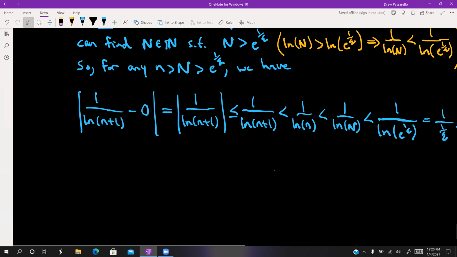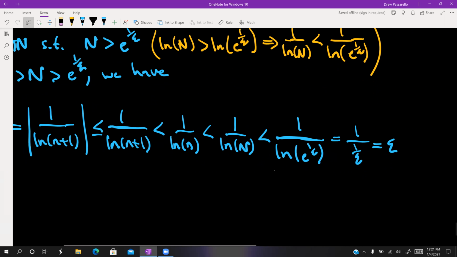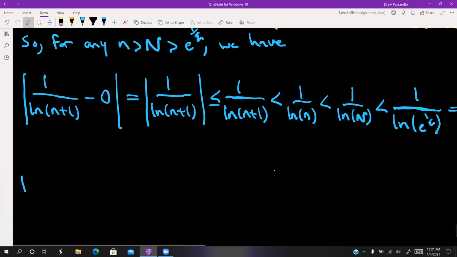Okay, so that is the proof of convergence for part A, showing that our limit is 0. Now part B wants specific values for n. Part 1 of part B is using epsilon being 1/2, and part 2 is using epsilon being 1/10.